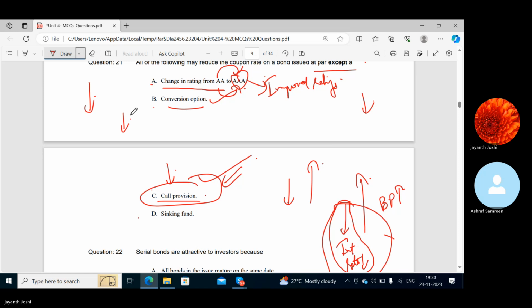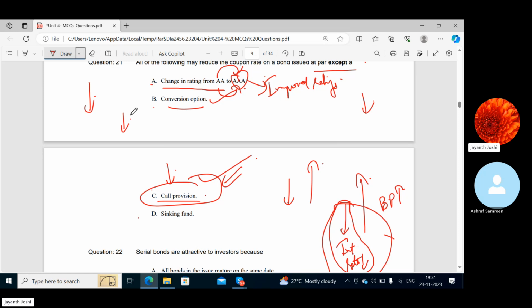If the conversion premium is more than the bond's value, they will like to convert the bonds to equity.